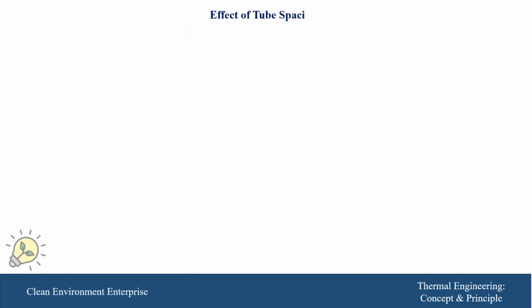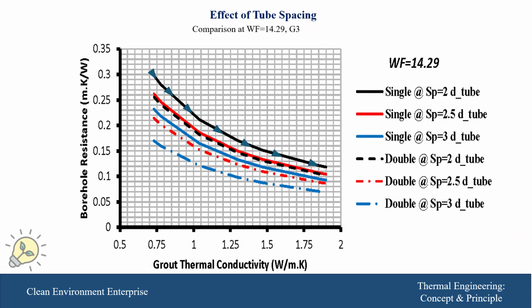Now let us see the effect of tube spacing on the thermal performance. For example, here we have WF equal 14.29 for different values of SP ranging between 2 D naught up to 3 D naught for both geometries of the single U tube and double U tube as compared here in this figure.